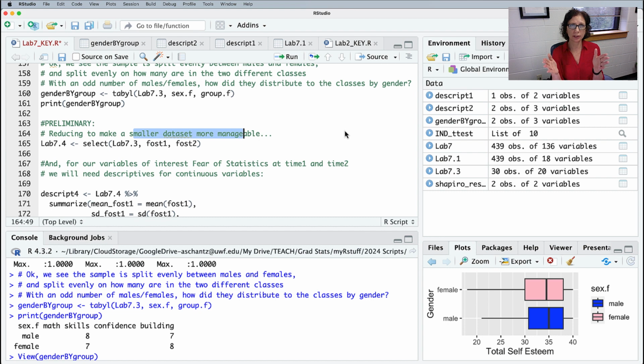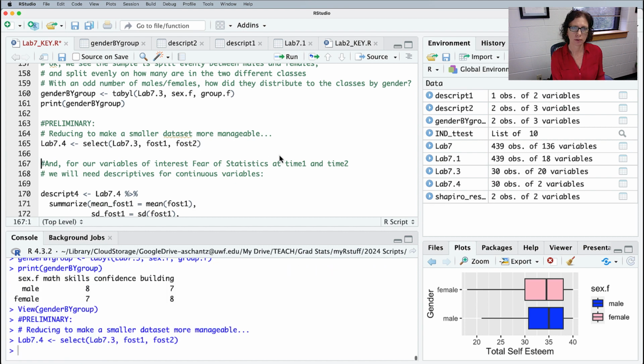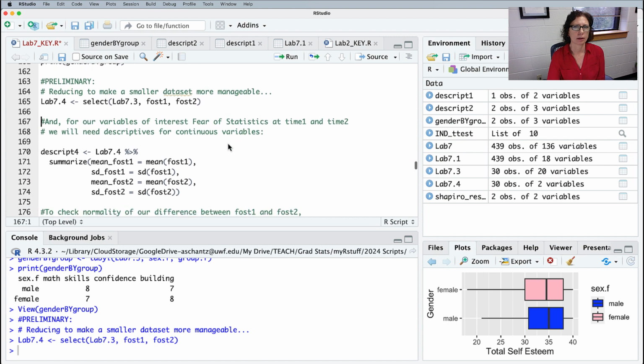That's all we're really interested in here. So I'm going to create Lab 7.4, selecting only those 2 variables. And we have 30 observations of 2 variables.